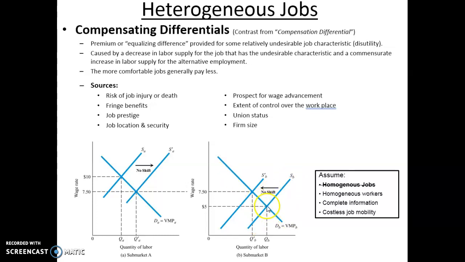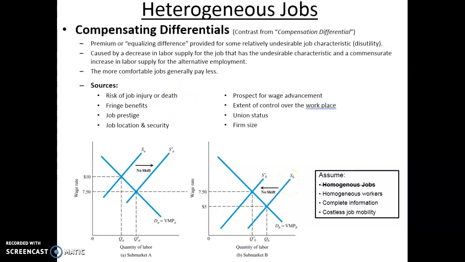Remember, wages were $5 here and $10 here. But previously, we saw no difference between these two jobs, which meant the people in B would move to A, driving wages down in A and driving wages up in B until they reach parity at 7.50. That's not the case now. If job A is not a good job, let's say it's higher probability of death, then the people in B may not want to leave.